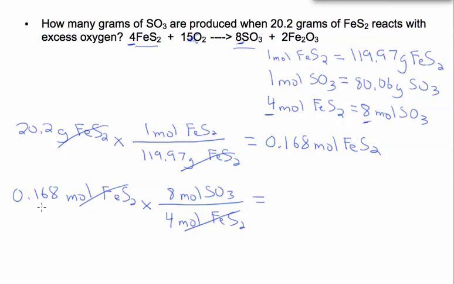So in this case, we have to multiply by 8 and divide by 4. And that will give you 0.336751 moles of SO3.